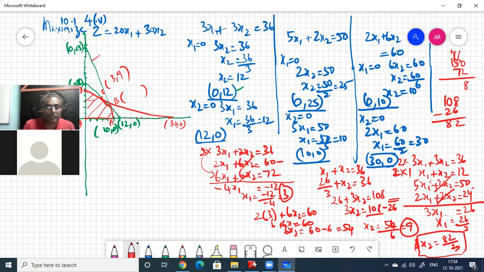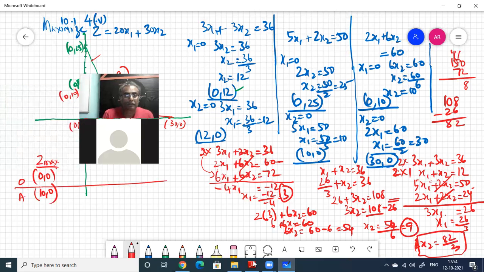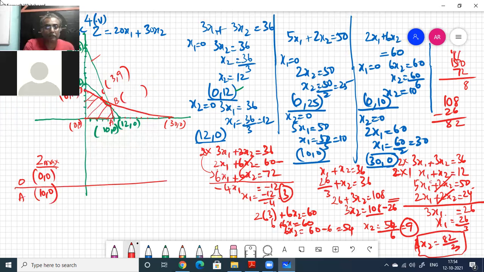Z max: first one is 0, 0. That is point O. Then point A is 10, 0. That is point A. What you have to maximize: 20x1 plus 30x2.